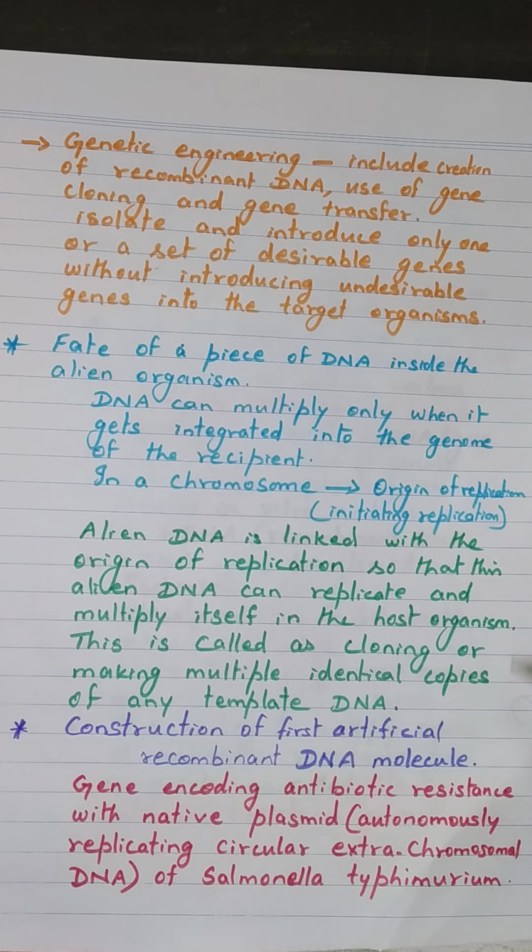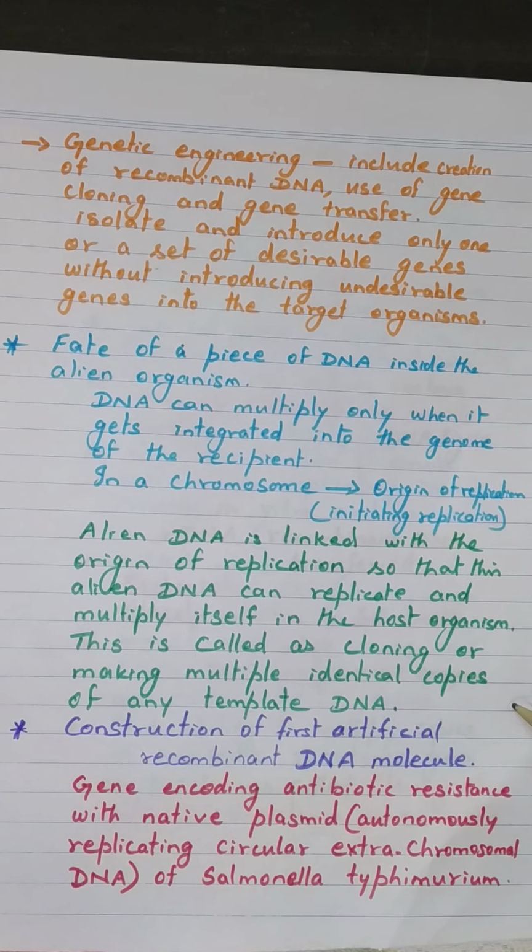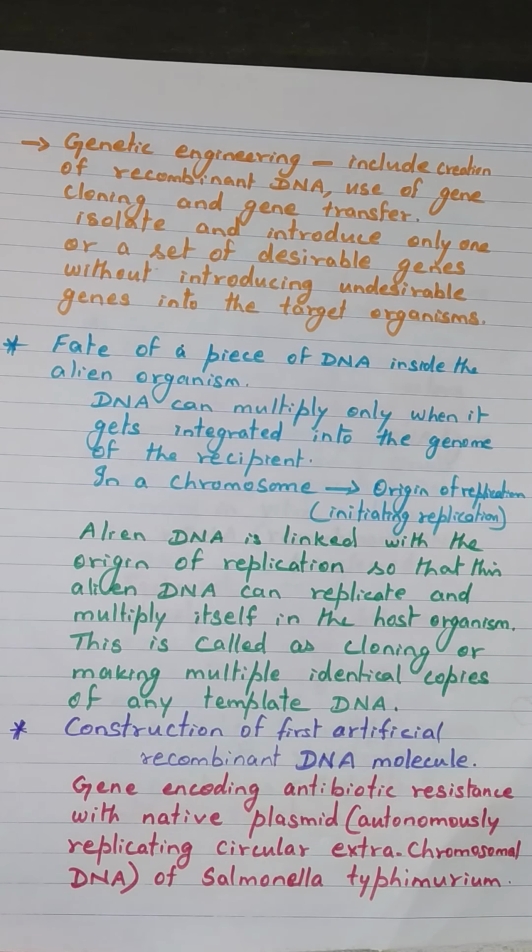And then we introduce this recombinant DNA into the host organism, another organism, and this host organism will be allowed to multiply, and we get the desirable DNA also on a large scale.